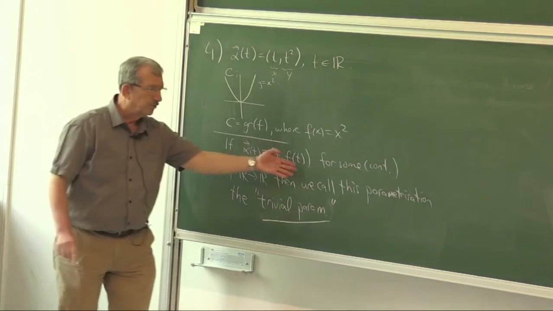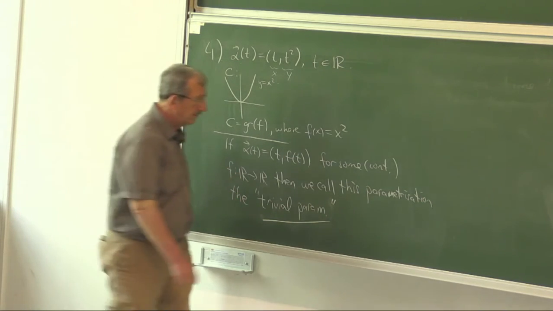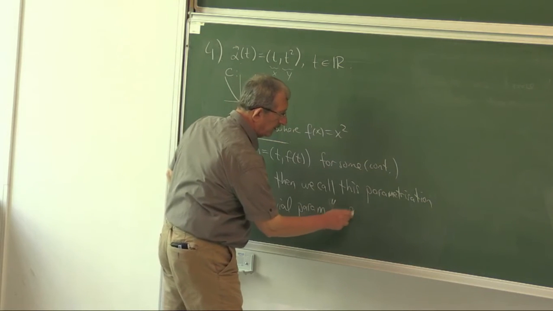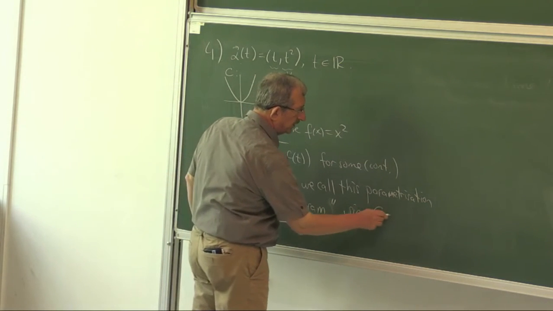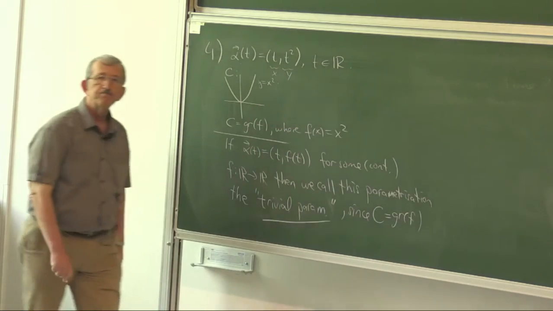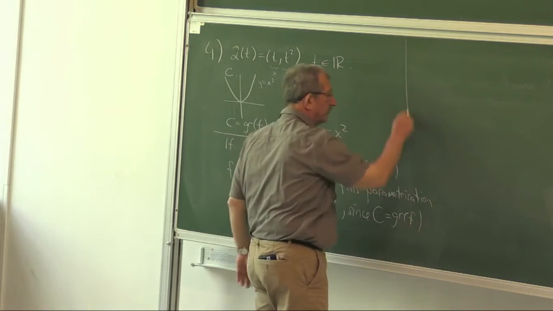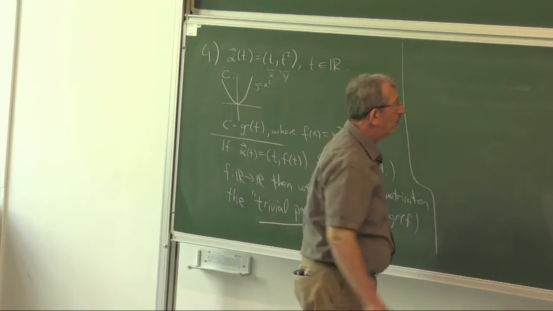Namely, you just put, instead of y, f of t. Well, it's the graph of f, since C is the graph of f. So that's a standard term we will use all the time.